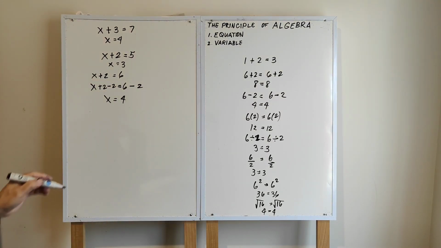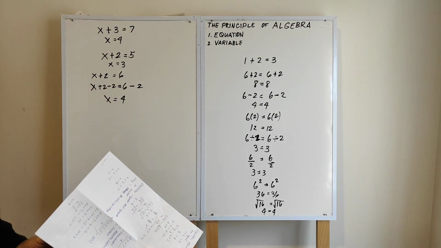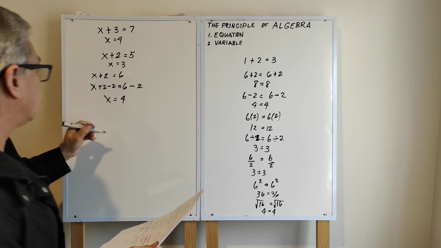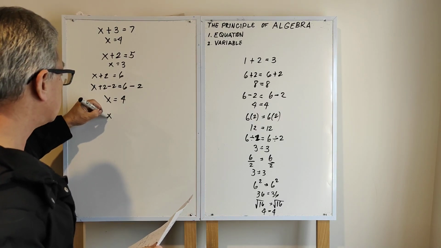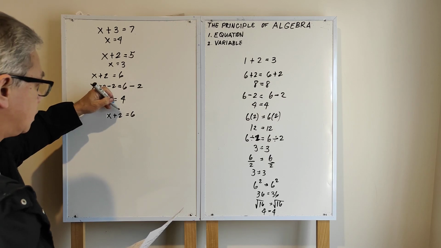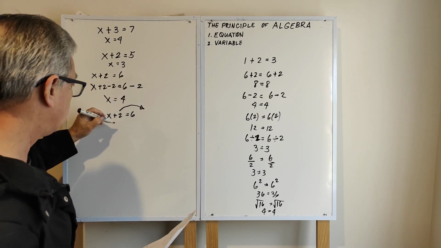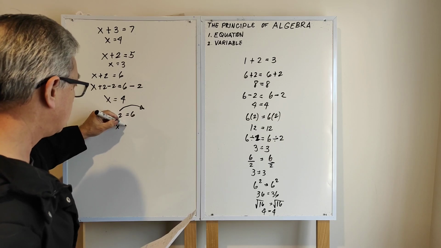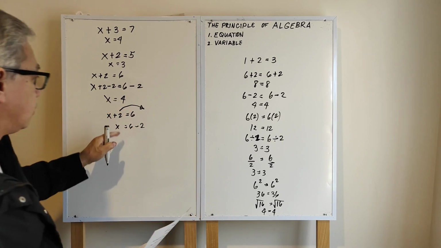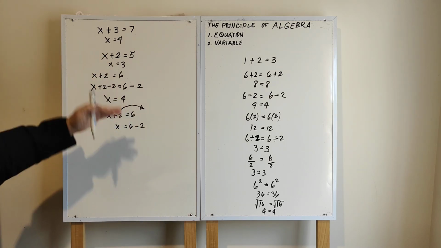Now, some teachers teach transposition. So like x plus 2 is equal to 6. You transpose this one to the other side, make it negative. x is equal to 6 minus 2. Make it negative. It doesn't seem to have logic in it.